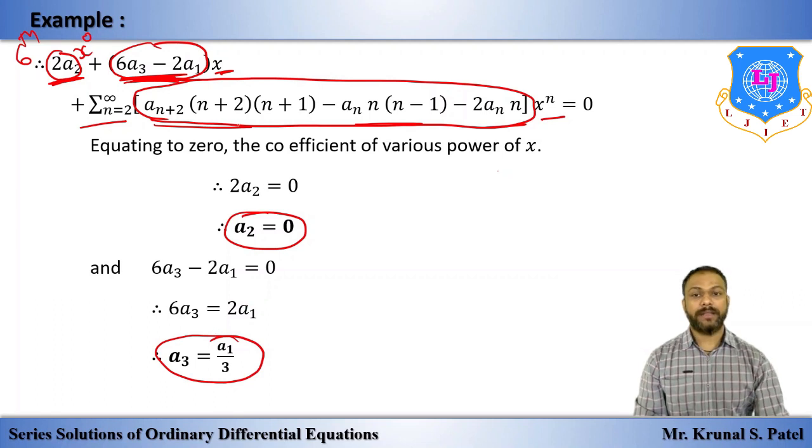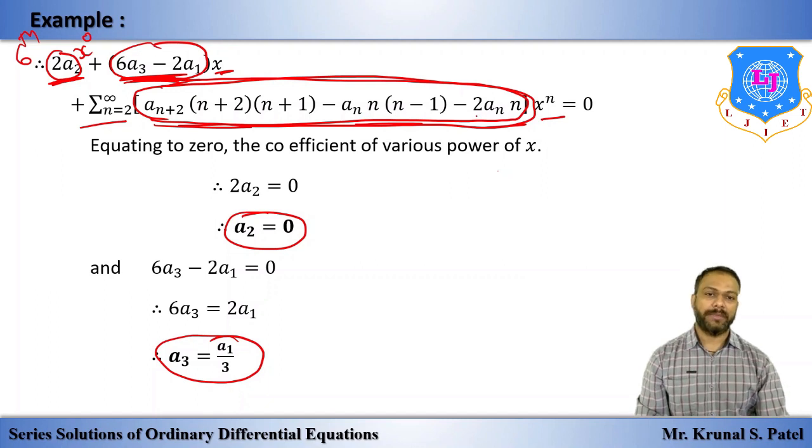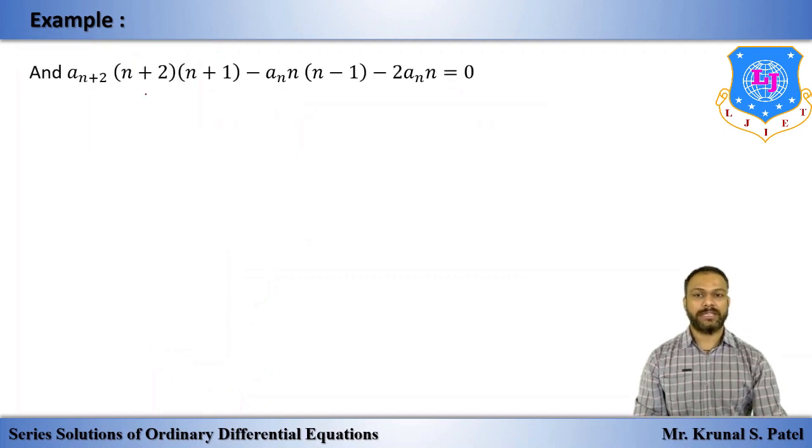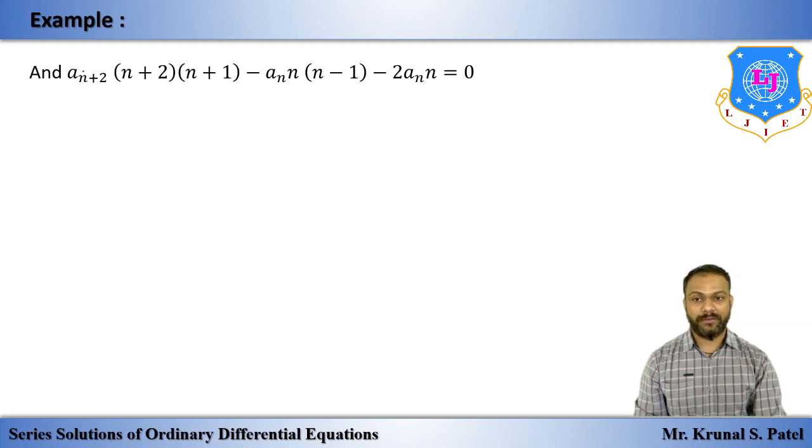And the third step is this. We equate this to 0: a(n+2)(n+2)(n+1) minus a(n) minus 2a(n) equals 0. Here also we will make the larger-subscript coefficient the subject, so a(n+2) is greater than a(n). So we'll take this 2 on the right hand side.